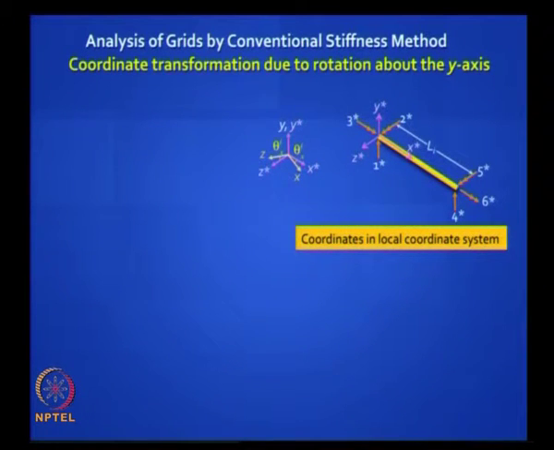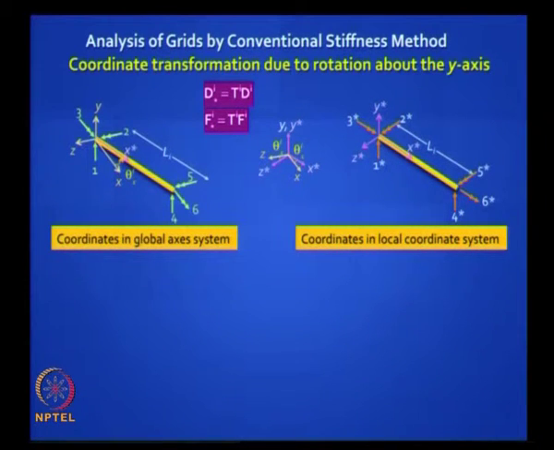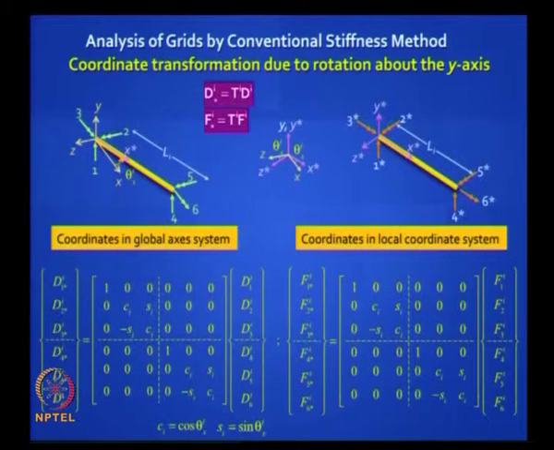So let us see how to deal with the lack of alignment between the local coordinates and global coordinates. So you have a difference between x star and x, and it is easy to write down because you remember we have done this earlier in the case of a truss. So it is a similar kind of rotation we are doing, except that now we are doing it in the horizontal plane.